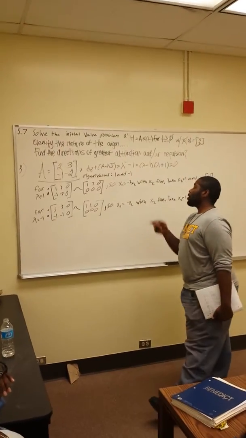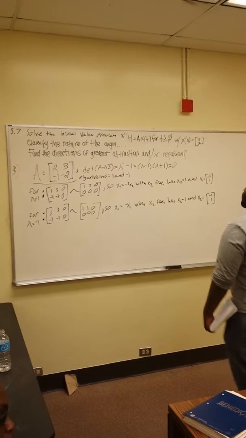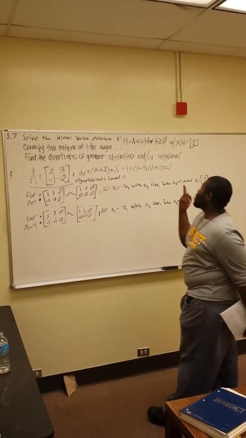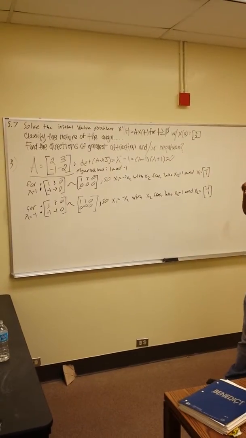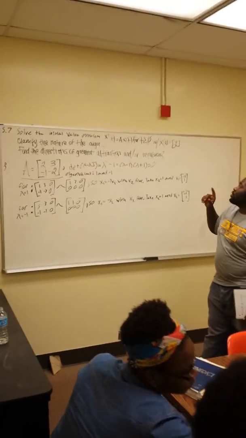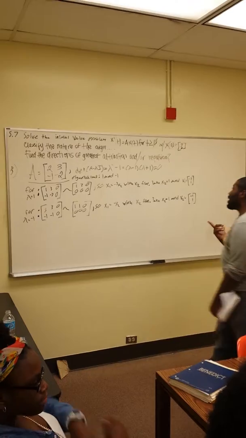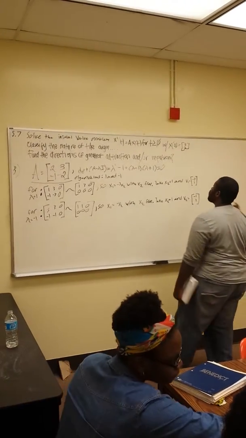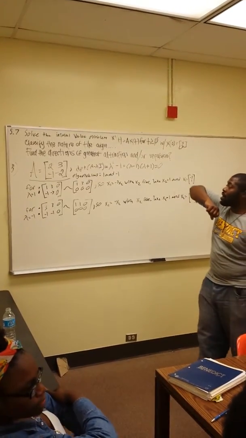Number 3. We're solving the initial value problem x prime of t equals A x of t for t greater than or equal to 0, with x of 0 equals (3, 2), which is our initial value problem.